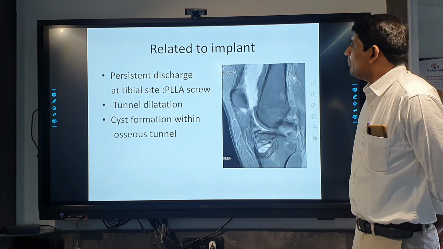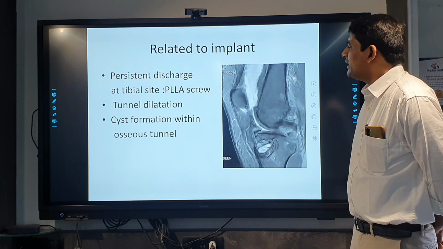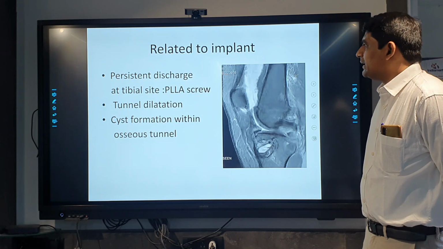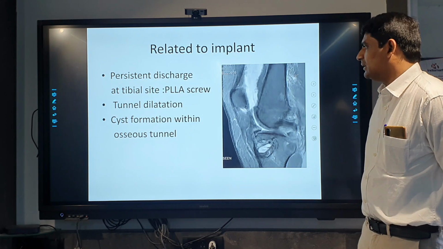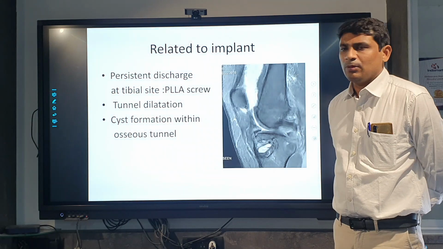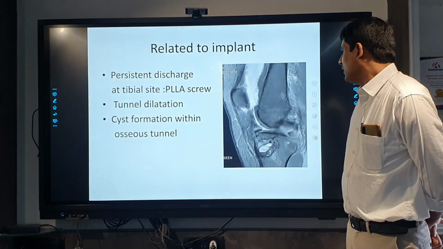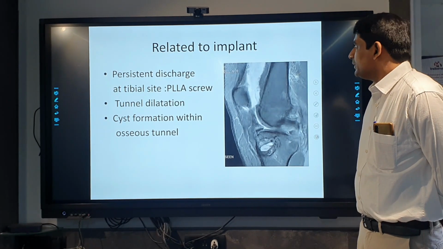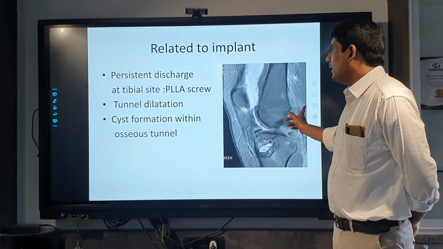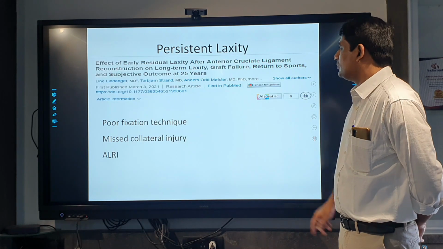Then related to the implant, persistent discharge at the tibial site: some studies have shown that PLLA screws have led to cyst formation, tunnel dilatation and discharge, and maybe loosening of the implant. That can be avoided by using a titanium screw.